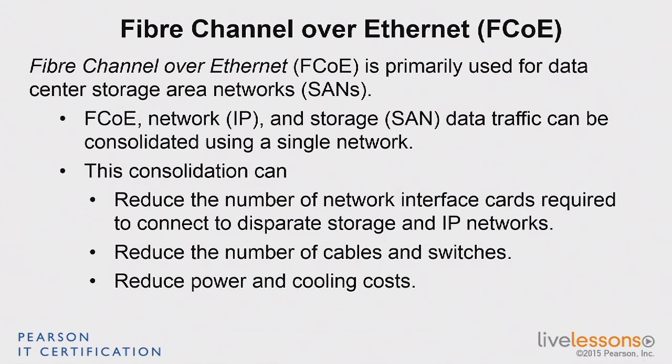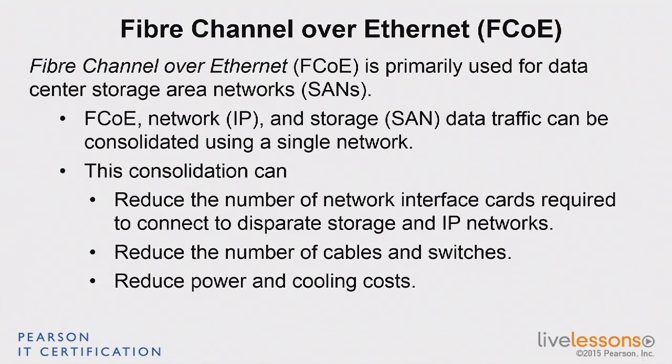This consolidation can reduce the number of network interface cards required to connect disparate storage and IP networks. It reduces the number of cables and switches, and it can also reduce power and cooling costs. So Fiber Channel over Ethernet, FCoE, is how we're going to converge network IP and storage SAN data traffic.